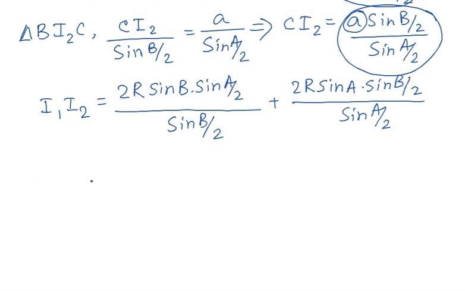Fine. Now we can see that this particular sine B can be opened up using the submultiple angle, and this sine A can be opened up using submultiple angle.